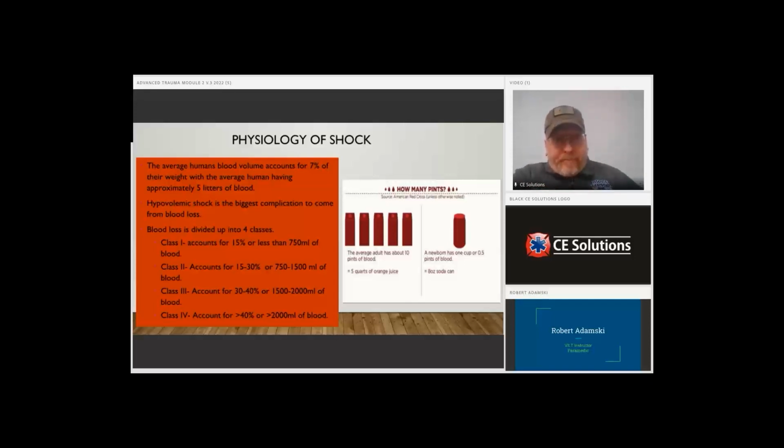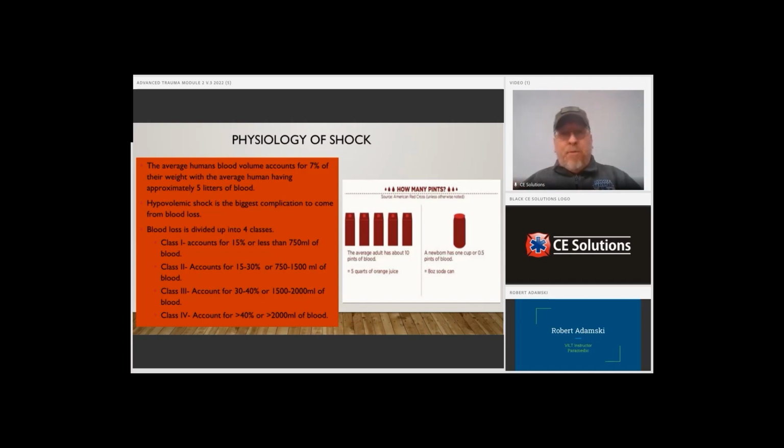Now, to tell you how the pathophysiology of shock works and why it's important, all right, we have to talk about blood volume. And we're going to use some generalities here, but in general, the average adult human being, all right, Homo sapien, our species, has roughly 5 liters of blood.